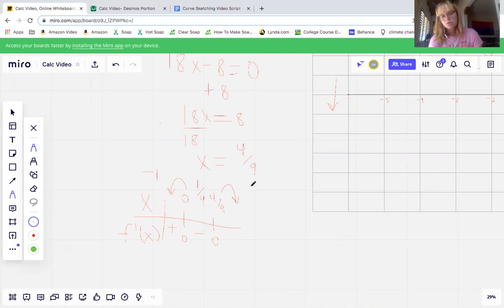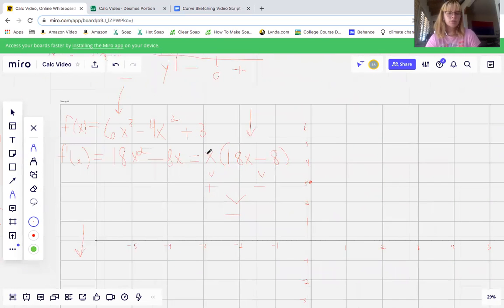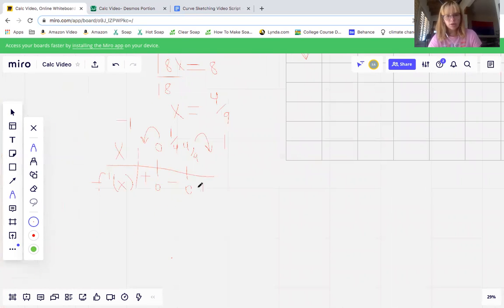And then on this side, we can do the same thing with another number. We may as well use 1. This is going to be positive. This is going to be positive because it'll be a number big enough to cancel out this negative number, and they will both multiply together to be positive. So we can go ahead and annotate that on our graph, and here we have a good idea of how the function is behaving.